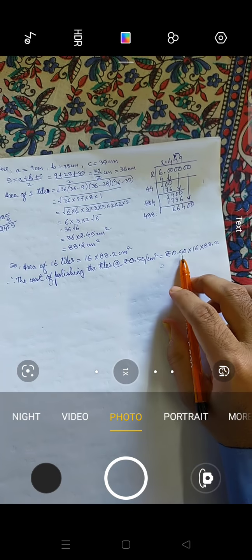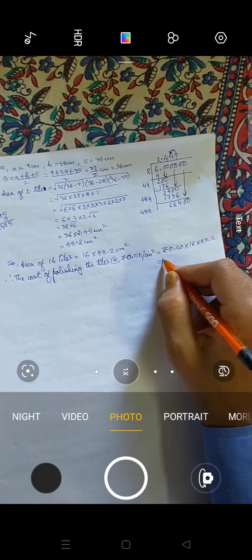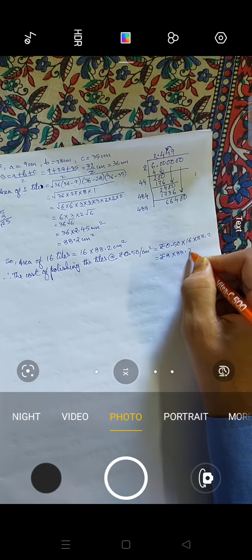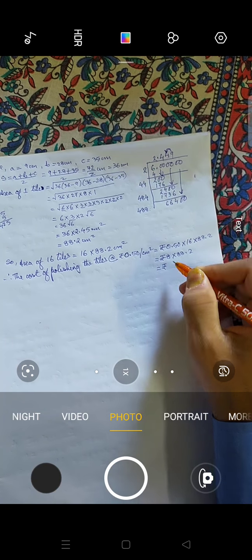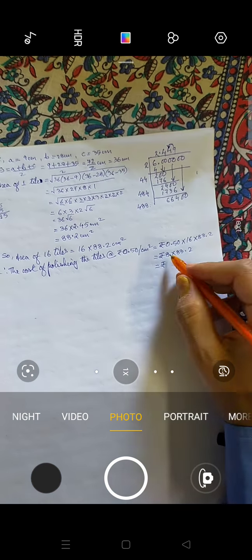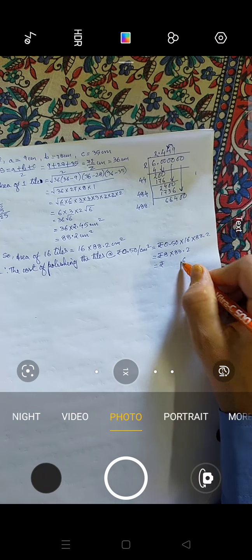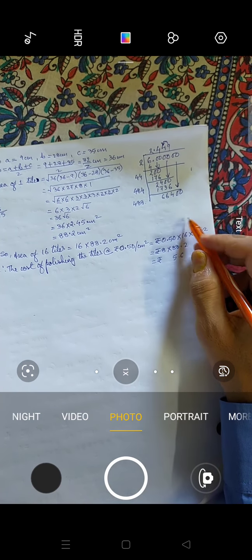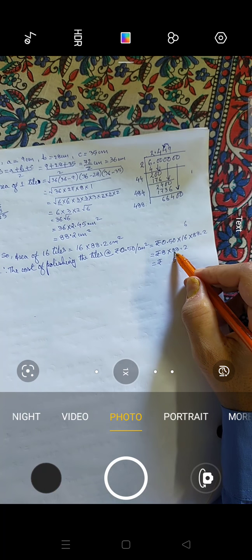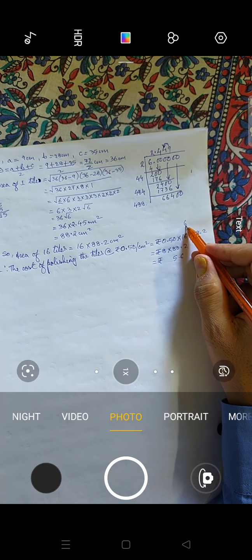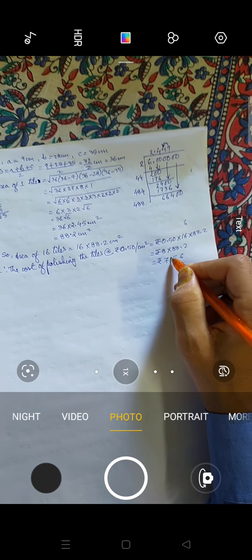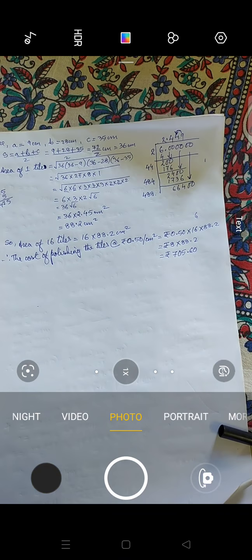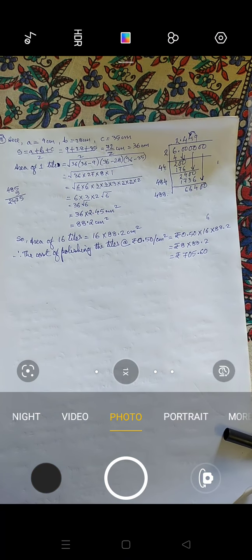Now if you multiply 0.50 into 16, you will be having 8. So 8 into 88.2. Now multiply this one, whatever you will get, that is your answer. 8 2s are 16, carry 1. 8 8s are 64 plus 1, 65. Carry 6. 8 8s are 64 plus 6, 70. So we'll be having 705.60. This much money. Okay, you can check your answer backside.